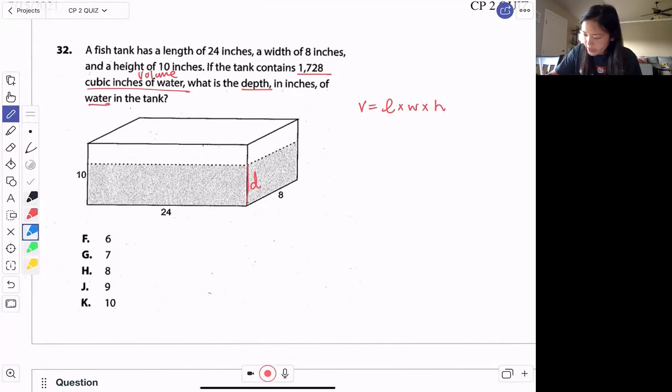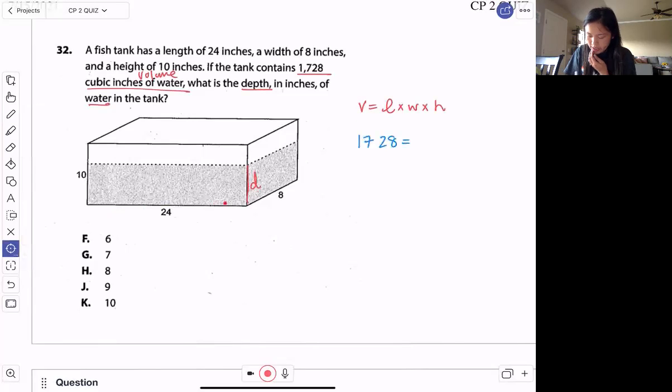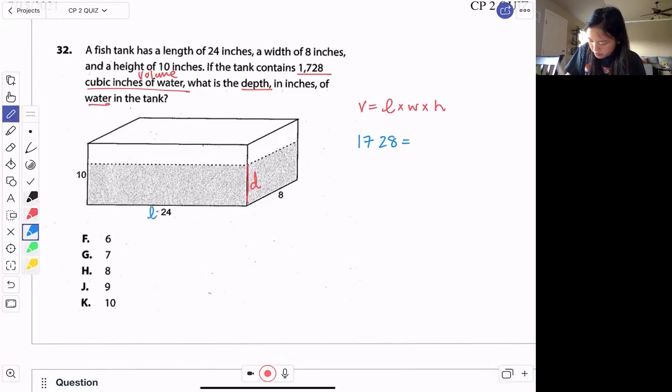Okay, so first off, volume is always length times width times height, or you can switch height out for depth. So what we know is the volume is 1728, which is equal to the length. Now the length here could be 24. And the width here would still be the width of this rectangular prism. So I know 24 times 8 times the depth, which is what I don't know. So basically I can turn this into an algebraic problem.